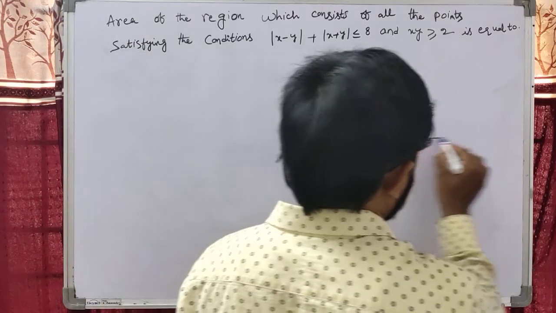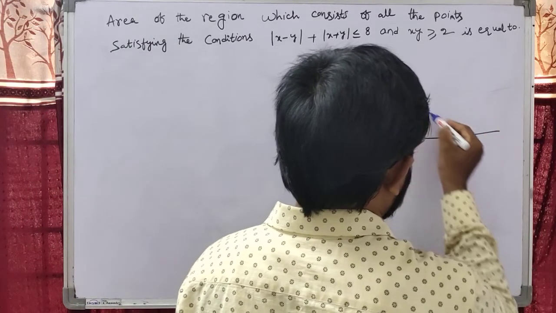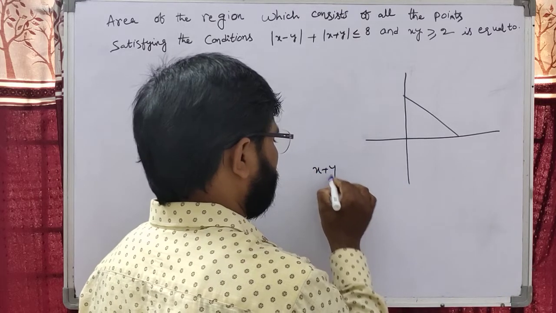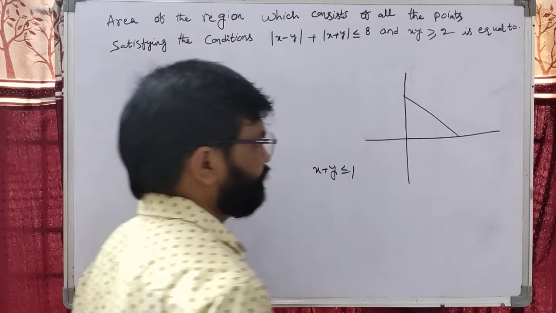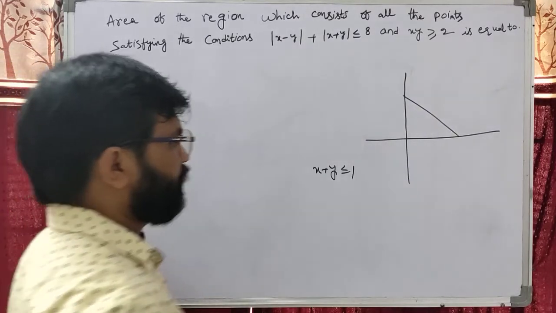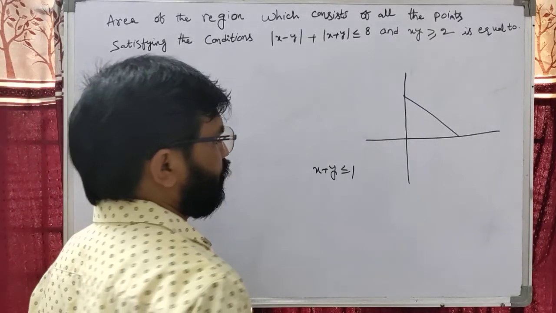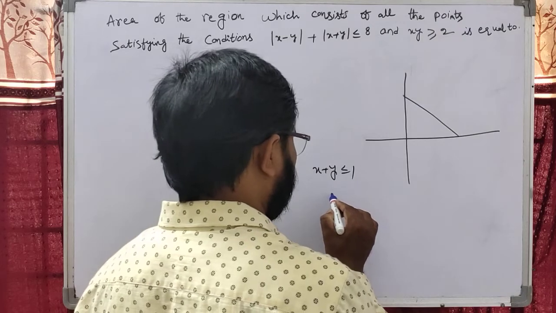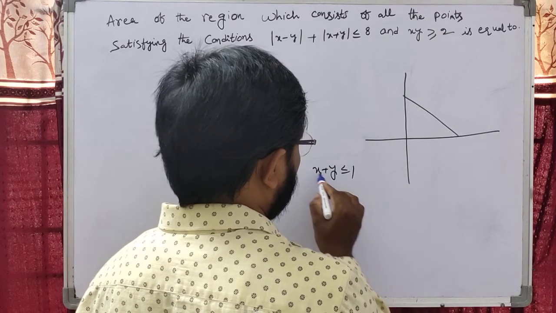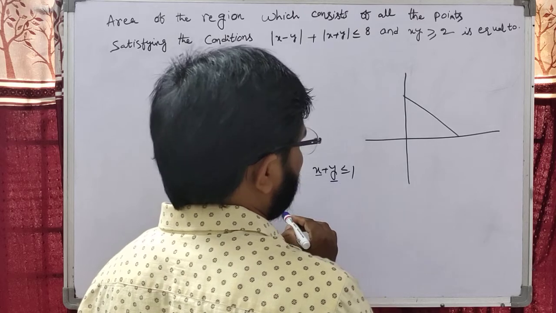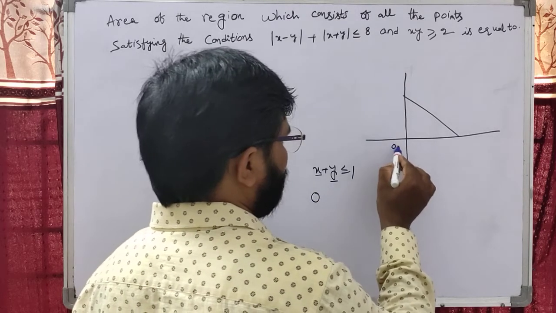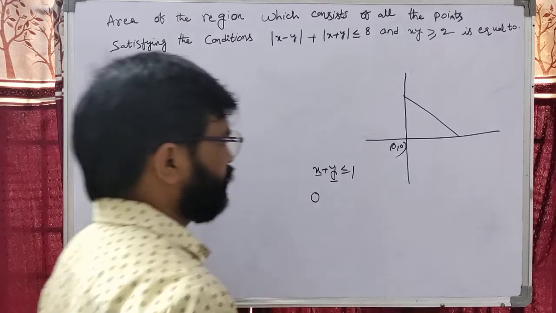For example, if we are taking the line x + y ≤ 1. Okay, students, this is the line x + y ≤ 1. So another line is, students, the first one is x + y ≤ 0. So that means we can write, substituting 0, 0.